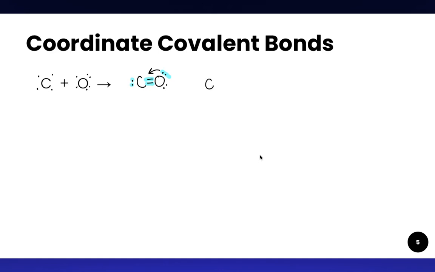So it will look like this. You see, the coordinate covalent bond can be represented by an arrow showing which way the electrons are being donated.